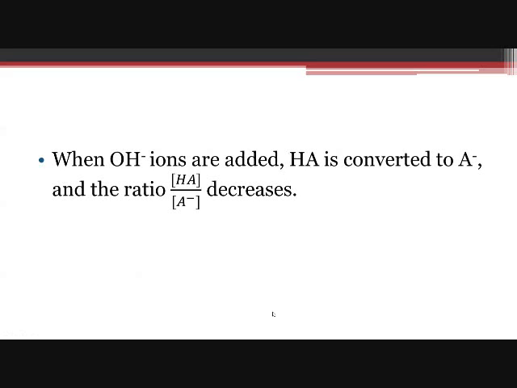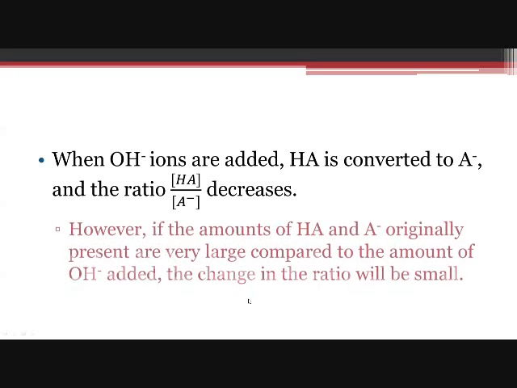So when the hydroxide ions are added, the acid is converted to the conjugate base form. And so that makes the ratio of acid over conjugate base decrease because we're making the denominator number larger. So that would make a smaller fraction for the ratio.